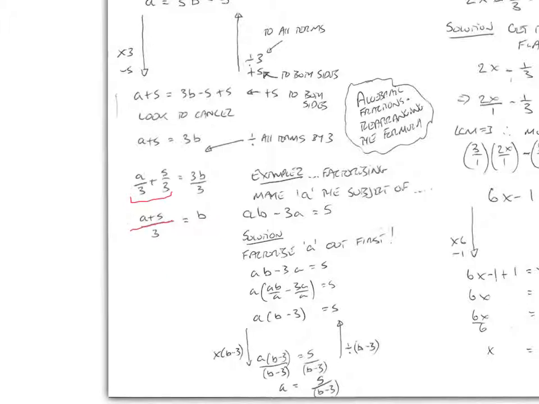And where we can just say 3 goes into 3 once, 1 times a is a, and 3 goes into 3 once, so it's plus 1 times 5 is 5. So b is equal to a plus 5 over 3.